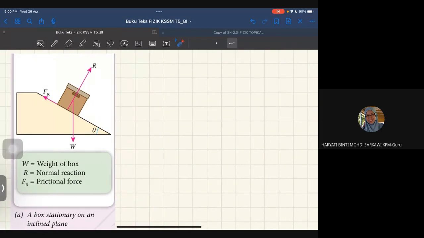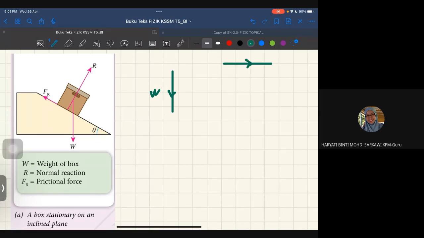In this case, if you look at FR, R, and W, the easier one to start with will be W. Why? Because it is 90-degree downward. Normally we choose either 90-degree downward, or horizontal, which can be left to right or right to left, depending on the question.